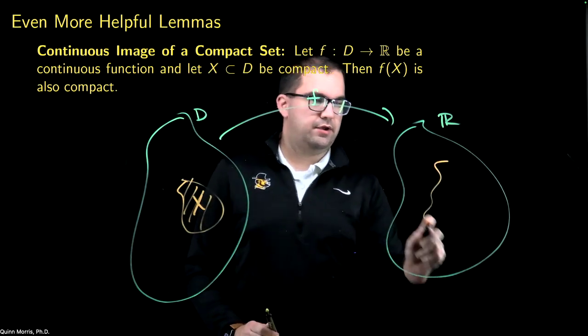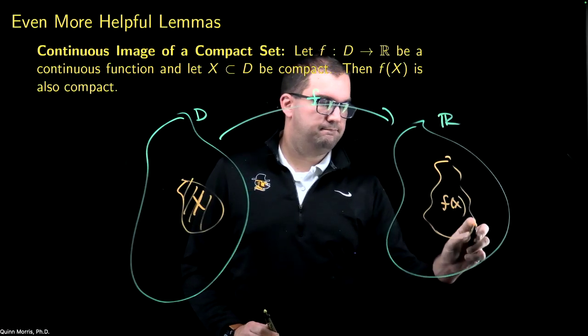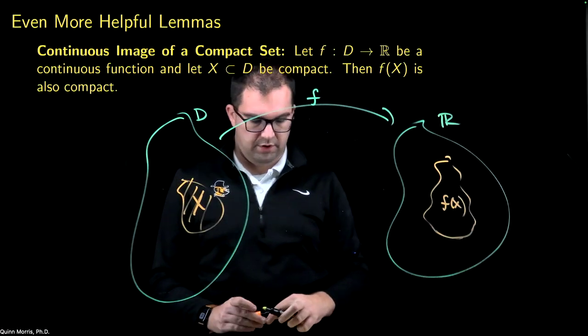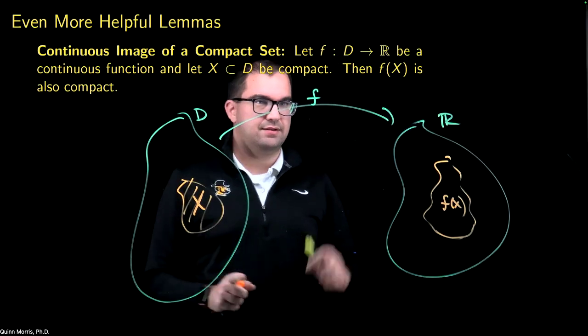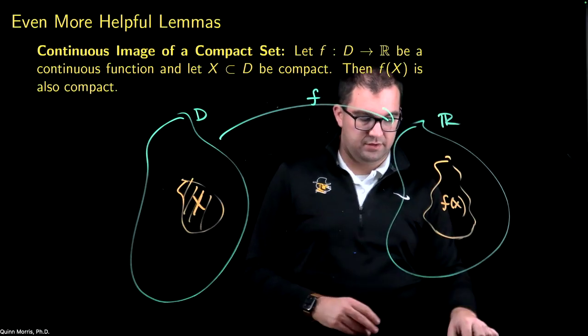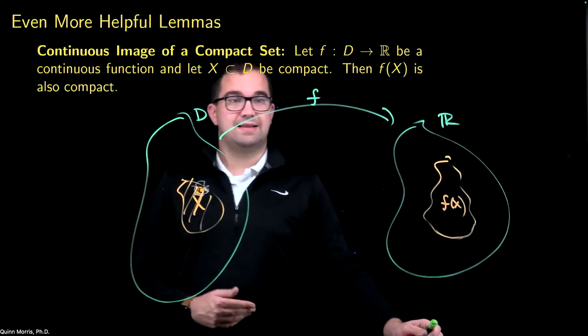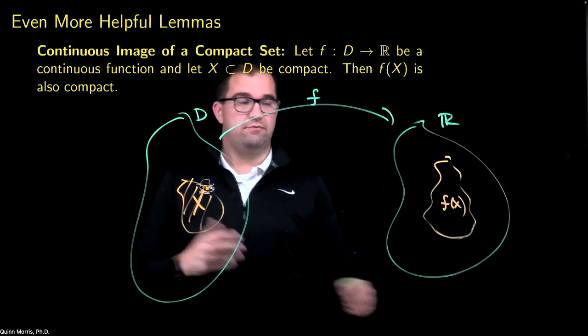And it maps over here to some set f of X. All right, now I want to show that if X is compact and f is continuous, then f of X must be compact. All right, how do I show something's compact? I need to show every open cover has a finite subcover.